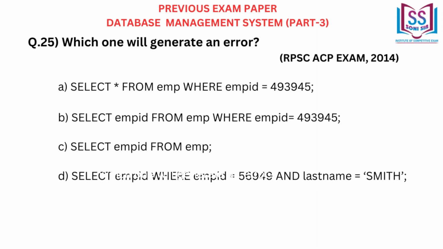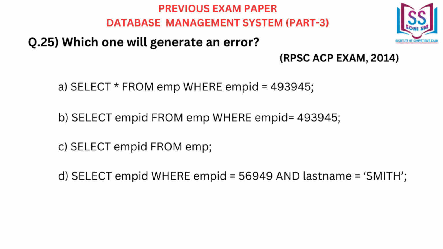Which one will generate an error? A. Select * from employee where employee ID = 493945. B. Select employee ID from employee where employee ID = 493945. C. Select employee ID from employee.